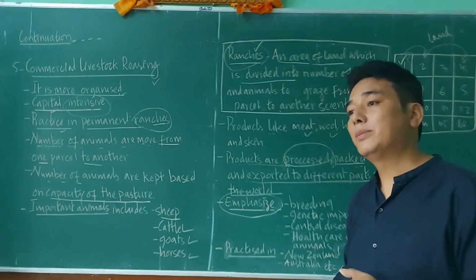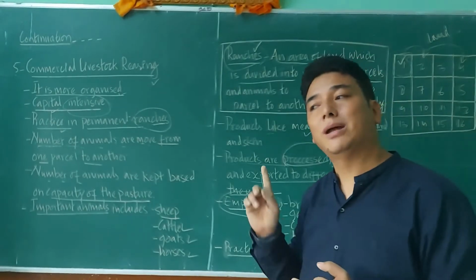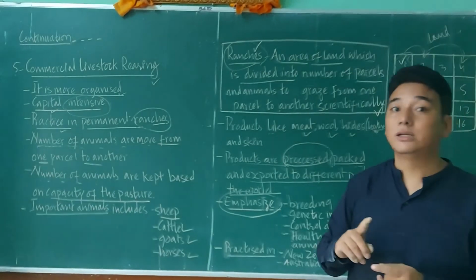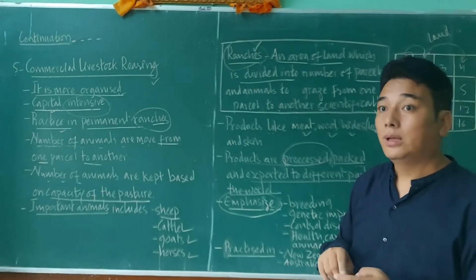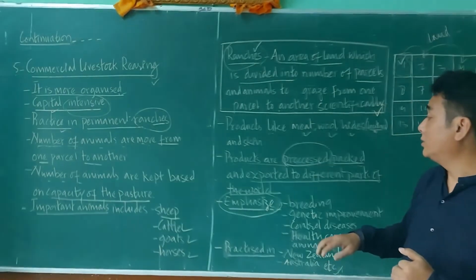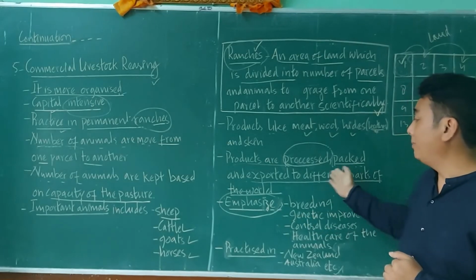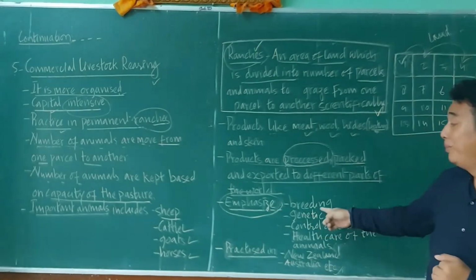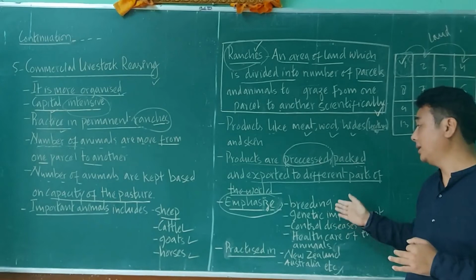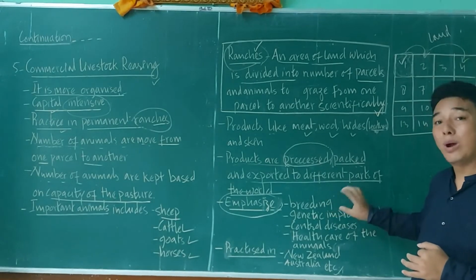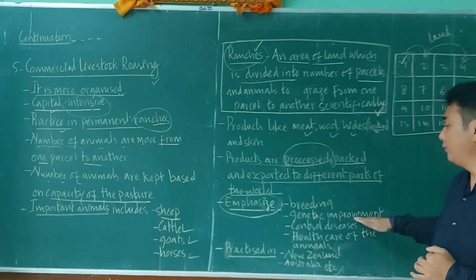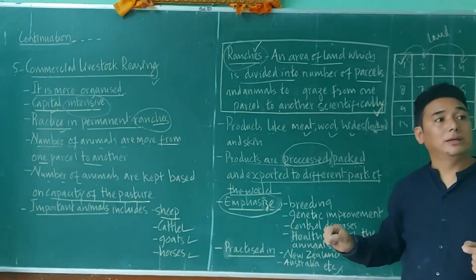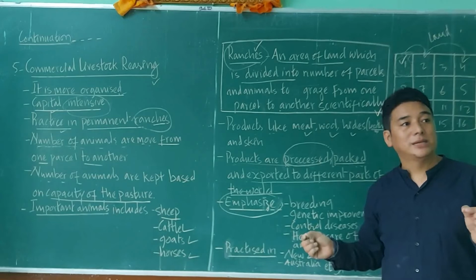That means it is meant for commercial purposes, for trade, for business, for the market. Because of that, they emphasize breeding, which means increasing and keeping one breed of animal, and genetic improvement.